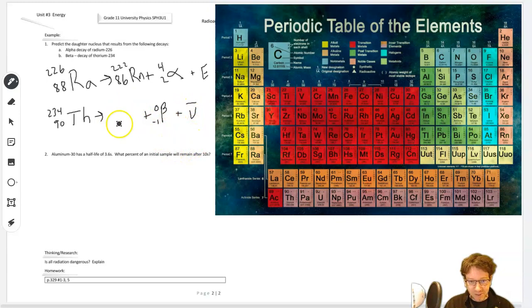Okay, so what's going to be here? Well, we know the atomic mass is staying the same. The number of protons and neutrons in the nucleus isn't changing, so that's still 234. But we're getting that extra proton, so that's going to be 91. And that's going to be right here, protactinium, so Pa. Right, so there's our beta decay.